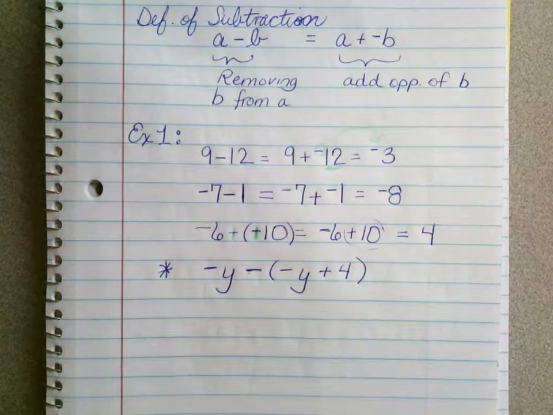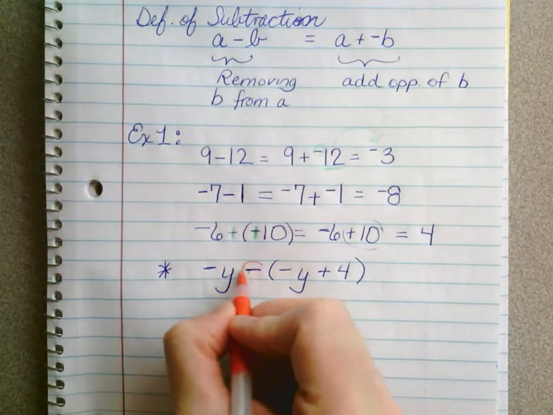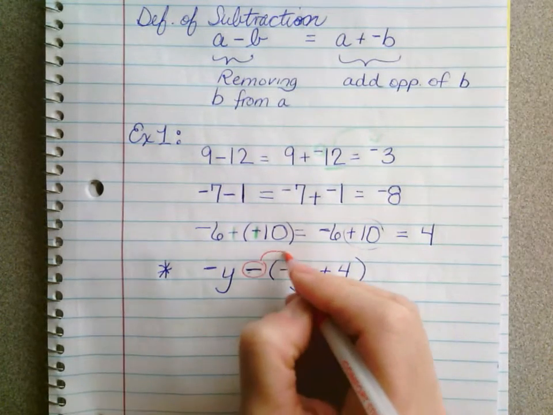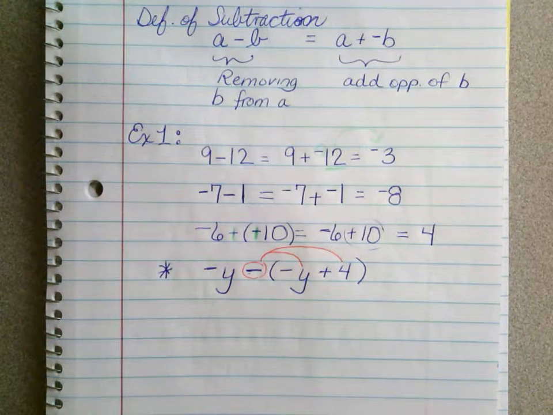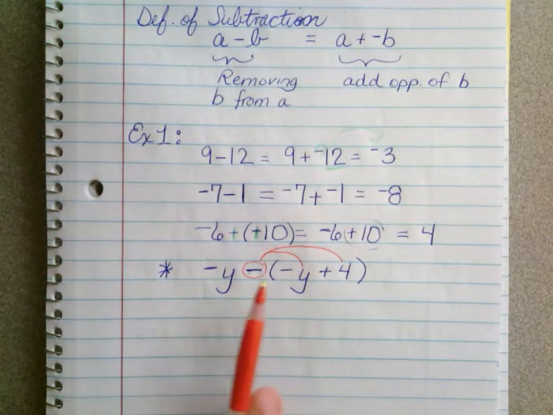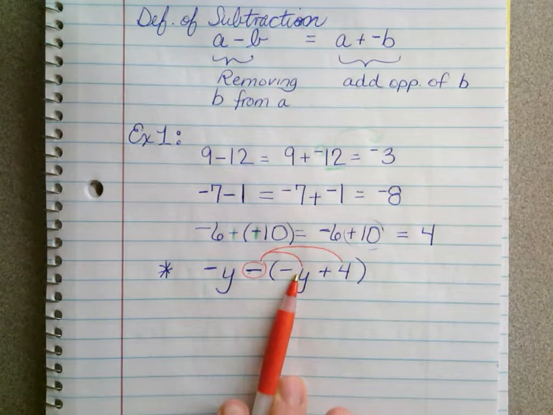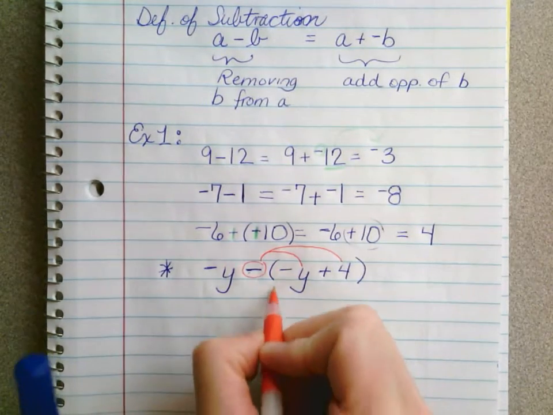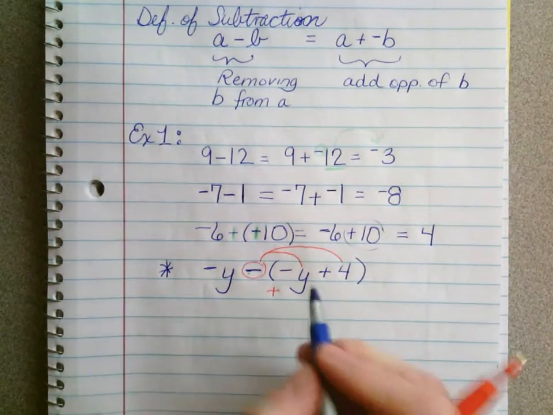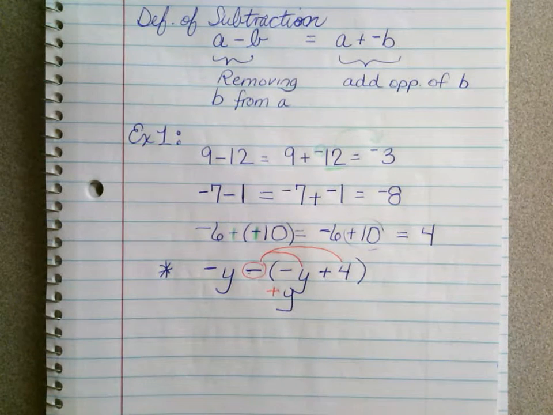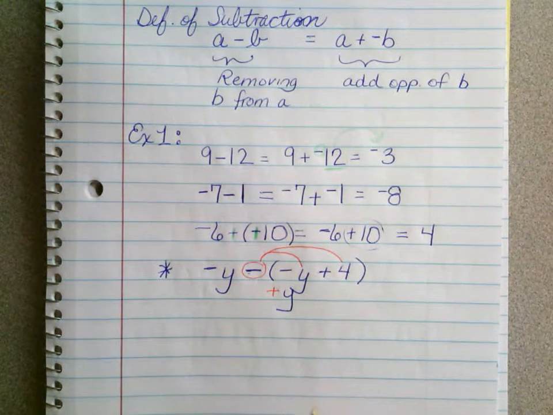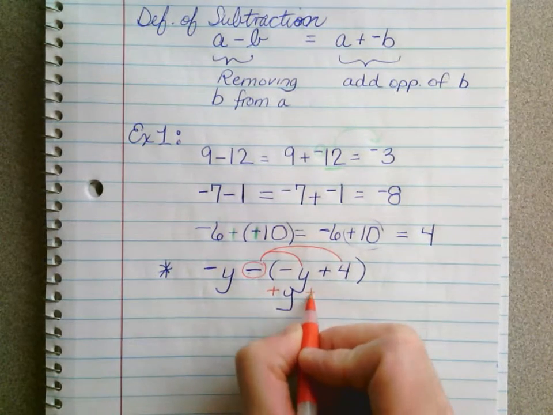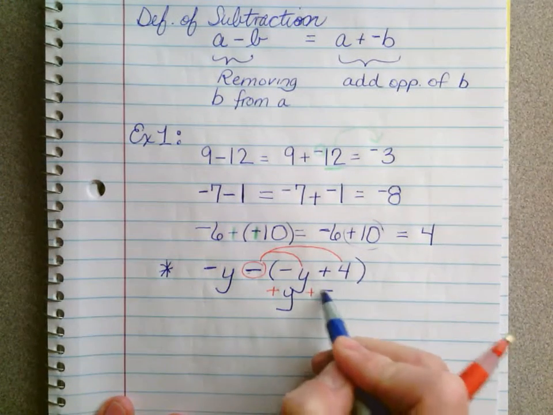What you might not realize is that this negative has to be distributed over both of the pieces within parentheses. So removing a negative results in a positive y. Removing a positive 4 results in adding a negative 4.